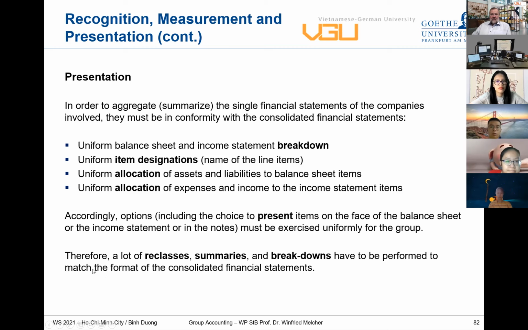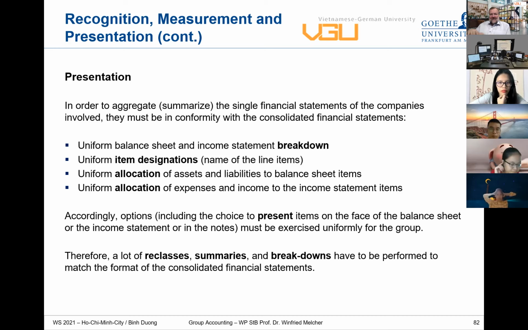And therefore, a lot of reclasses, summaries, breakdowns have to be performed to match the format of the consolidated financial statements. That mostly is done at the entity level, because they will translate their local financial statements, the single financial statements number 1, into the package numbers, which is the single financial statement number 2.